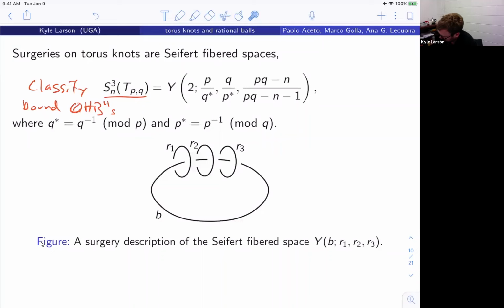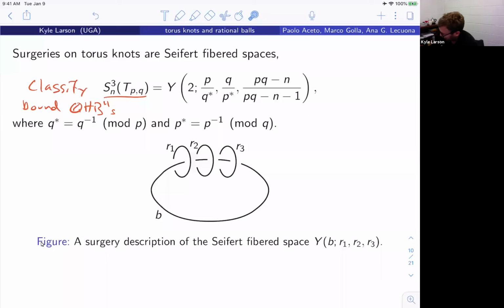As we mentioned last time, this can be converted into an integral surgery diagram where we take the continued fraction expansions of these rational numbers and turn this single component into a chain of unknots, where the coefficients on the chain of unknots are integers from the continued fraction expansion of these rational numbers.